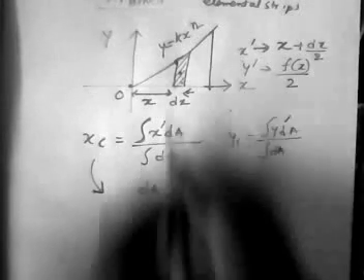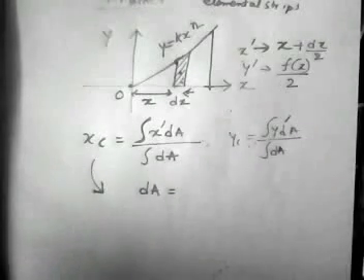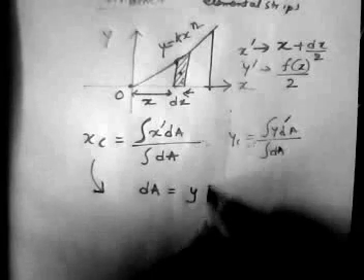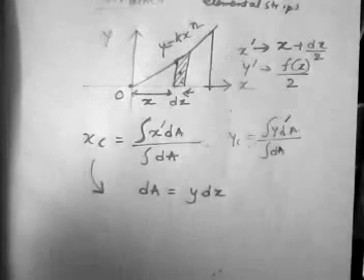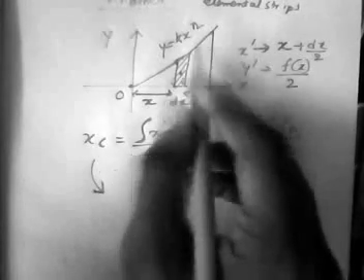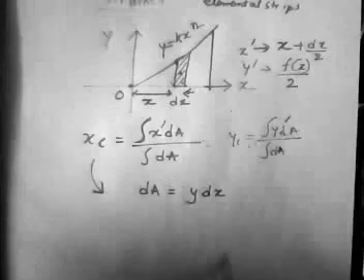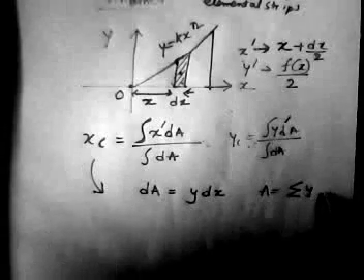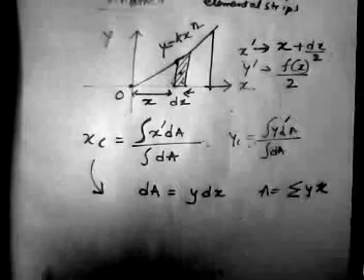Another very important thing is that you have to construct the function. Then if you want to find the centroid with respect to the x direction, what will be the dA? dA is nothing but the area under the curve, and that will be y dx.